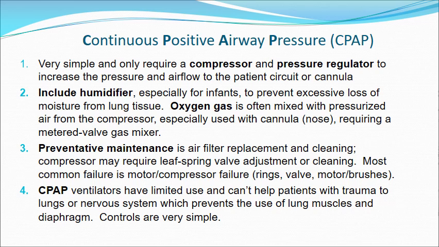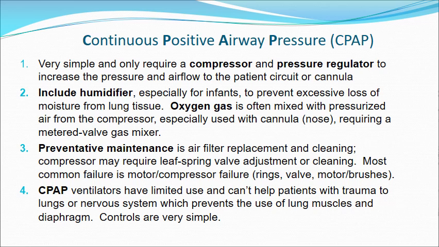But just as in the infant case, we need a humidifier to keep the lungs from drying out. And oxygen gas is often mixed with pressurized air from the compressor in medical applications. It's not always available, for instance, for home applications in a CPAP. In that case, it requires a metered valve mixer.